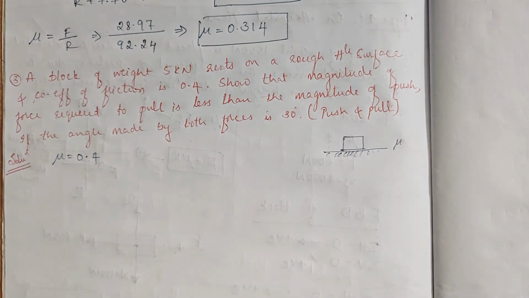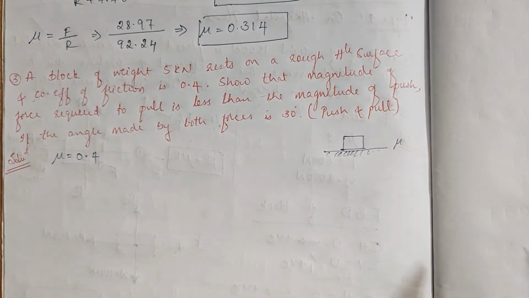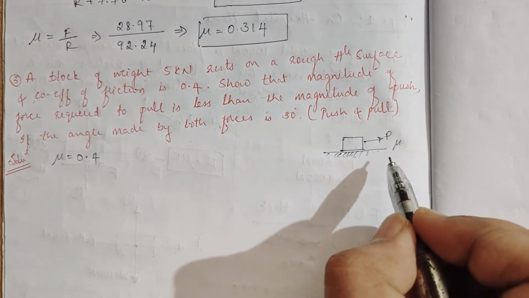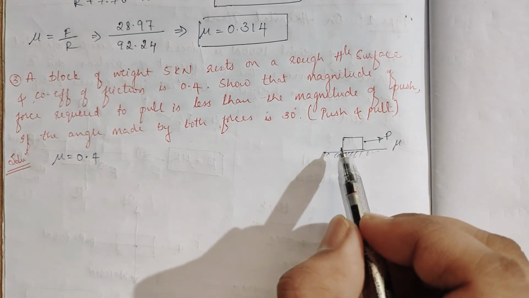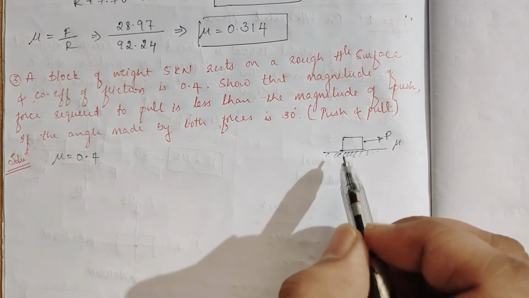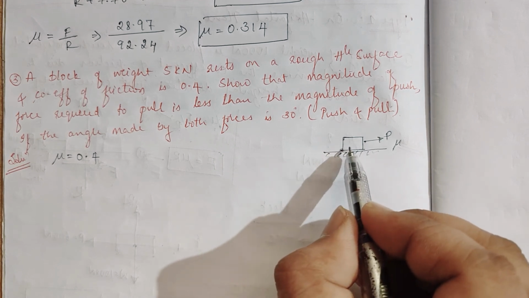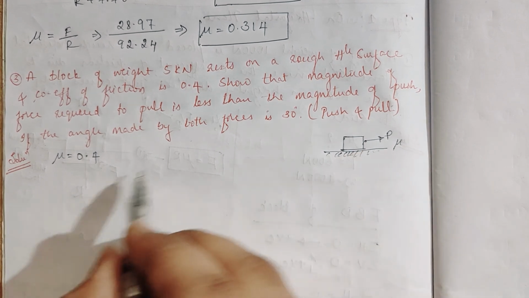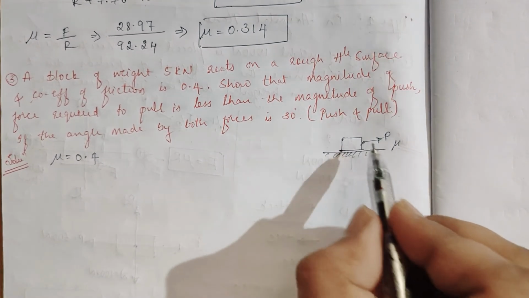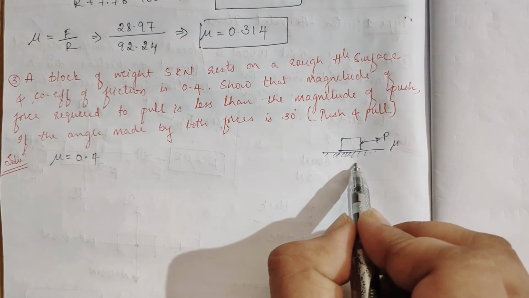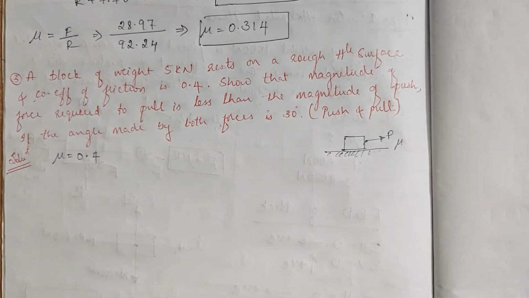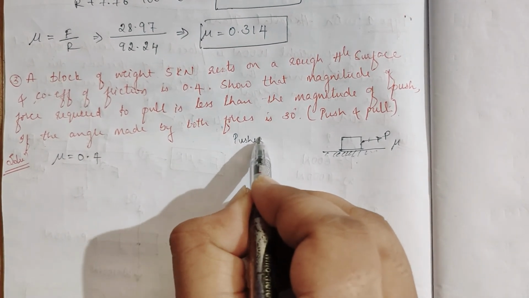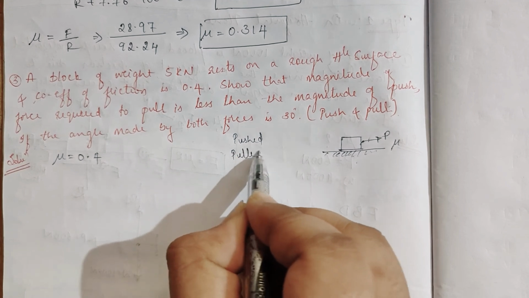Show that the magnitude of force required to pull is less than the magnitude of push. So they are telling that the angle made by both is 30 degree. This block is resting on the horizontal surface. This block is pushed and also it is pulled. So we have two cases here.